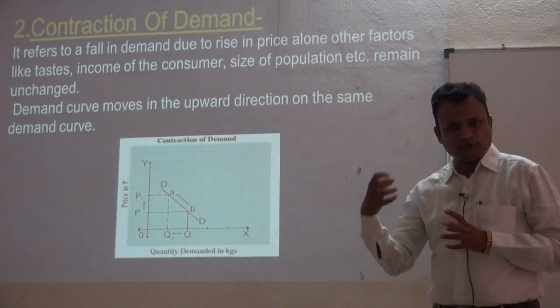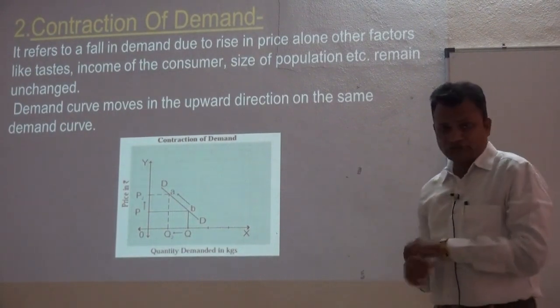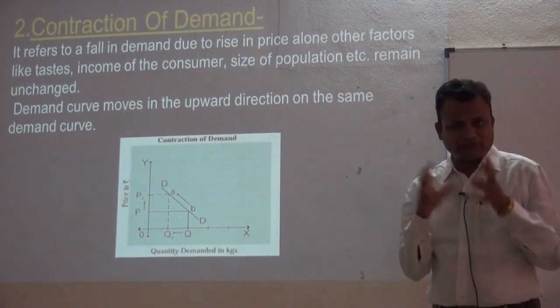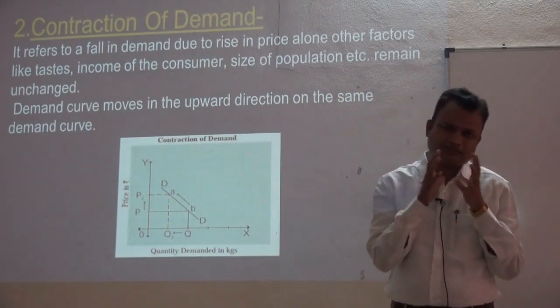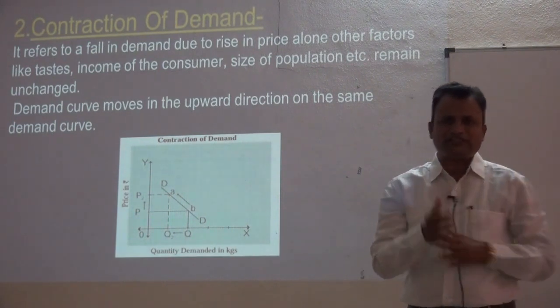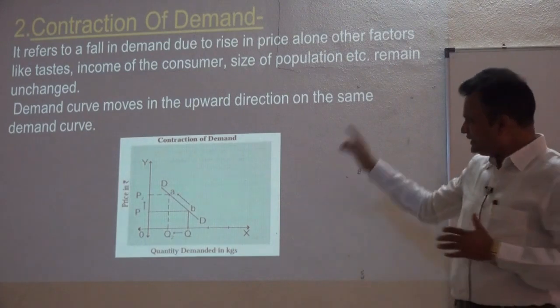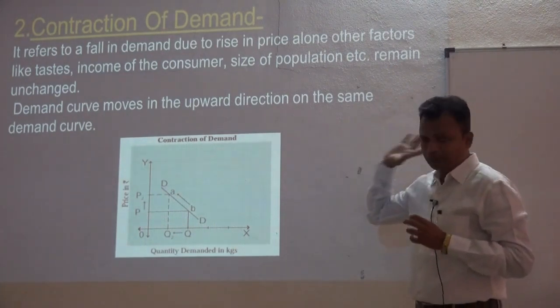Other factors usually remain constant in this case, the same as in expansion of demand. The rest of the factors which usually determine the demand all remain constant, but only one factor changes here, that is the price of the product.